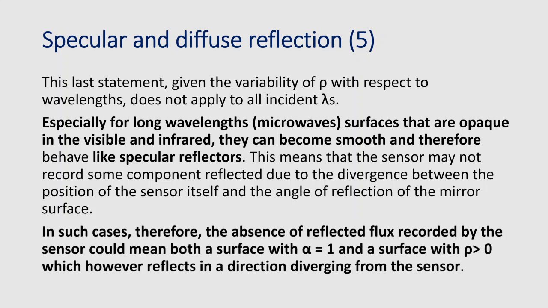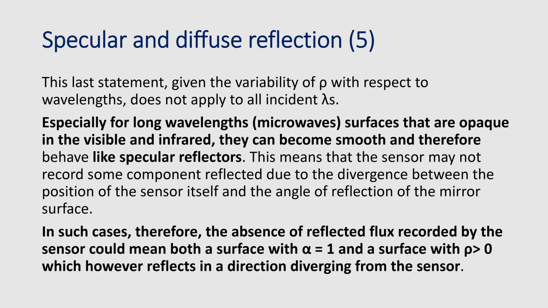In such cases, where the surface is smooth and then specular, the absence of a reflected flux recorded by the sensor could mean two different things: that the surface has an alpha equal to 1, so it is not reflecting, or that it has a rho greater than 0, so it is reflecting, but in a direction diverging from the sensor.